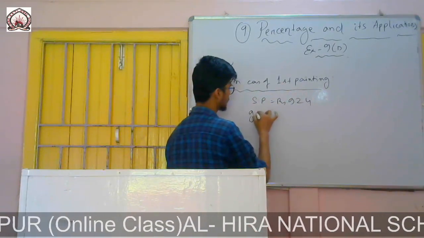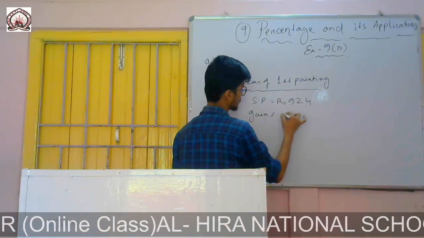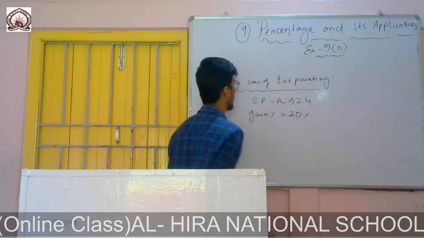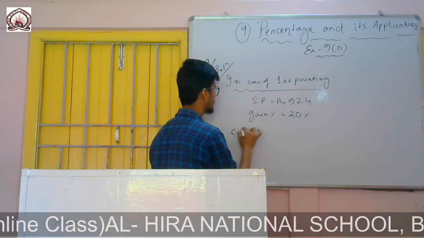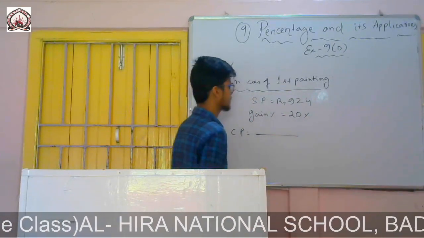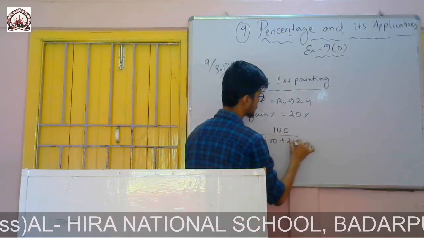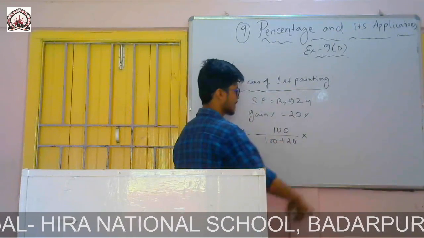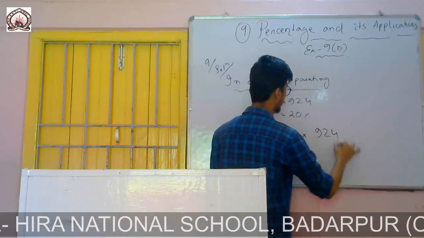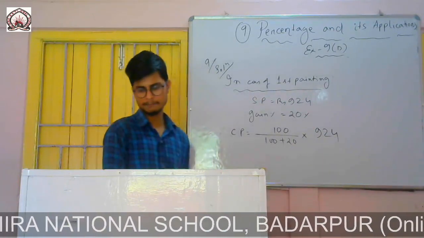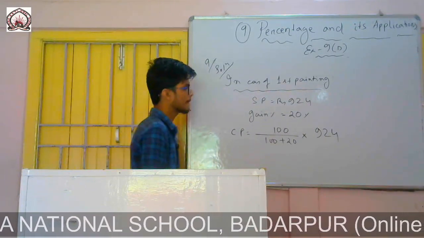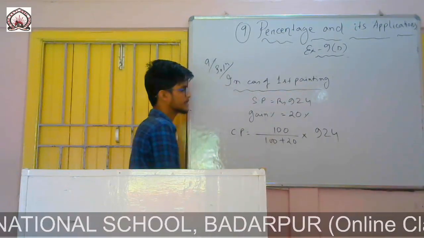Gain percent is given as 20%. So we know how to find the cost price. Therefore CP equals 100 by 100 plus gain percent into SP, it is 924.